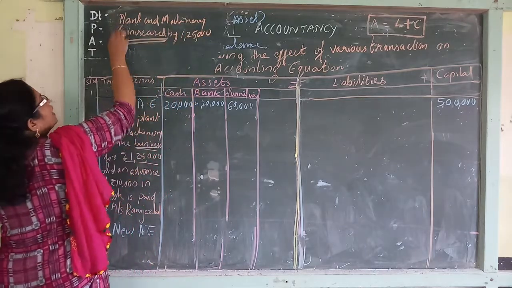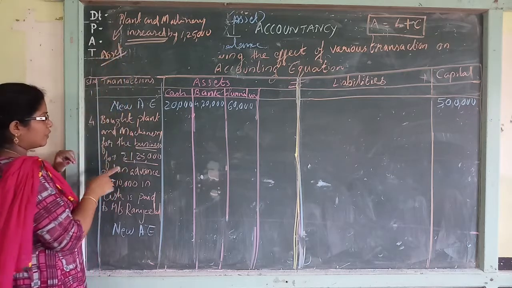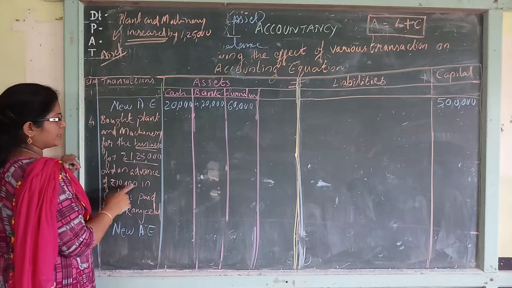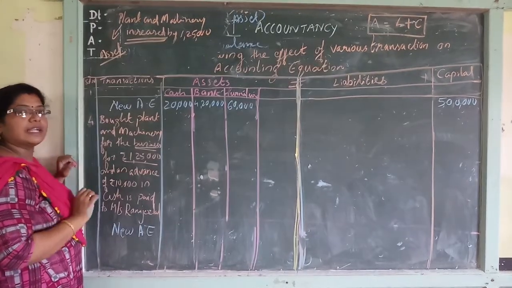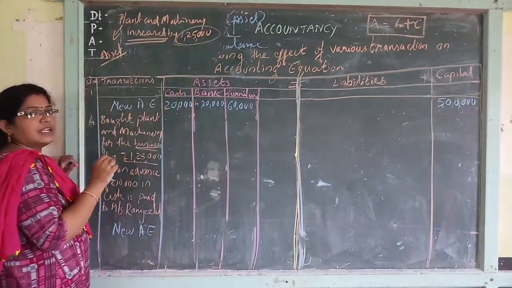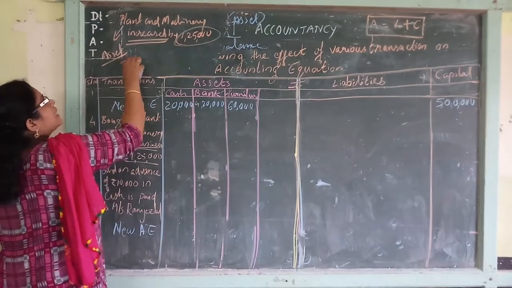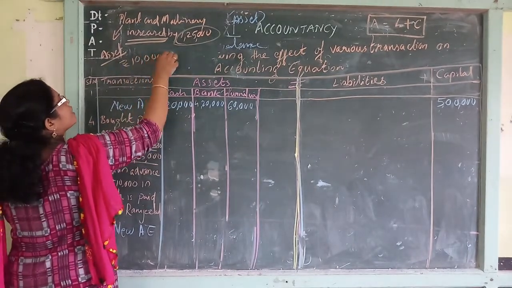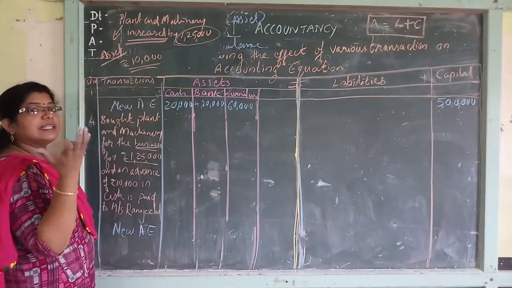That is, plant and machinery is our asset. Now what happened? An advance of rupees 10,000 in cash is paid. That means only 10,000 rupees was paid. Out of 1,25,000, when they purchased this plant and machinery, only rupees 10,000 was paid in cash. So cash paid means your cash balance is decreased.